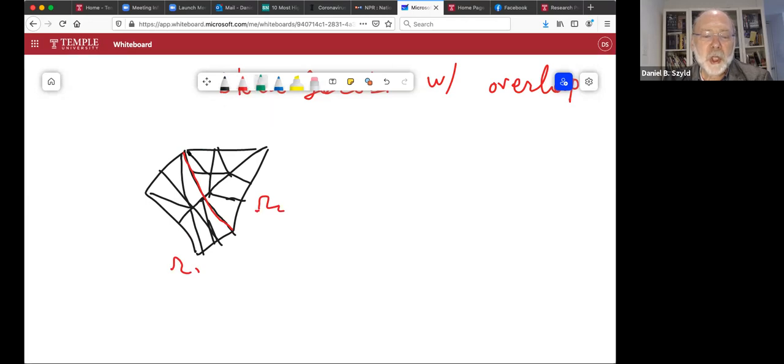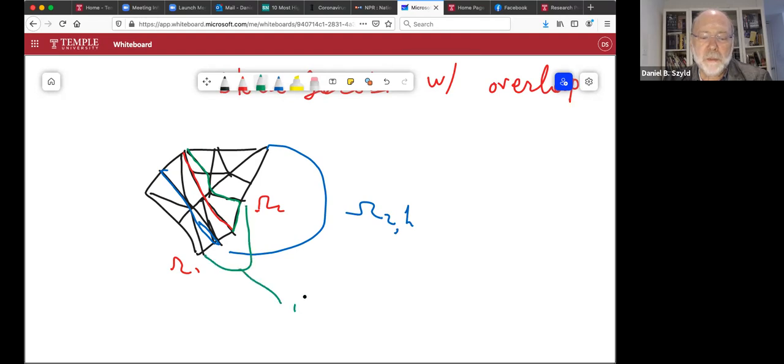And then I grow by one line of triangles on the left and one line of triangles on the right. So now this is omega-2 with overlap. And the green is omega-1 with overlap. So this is how they decide what artificial boundary goes, which is where you have the triangulation.